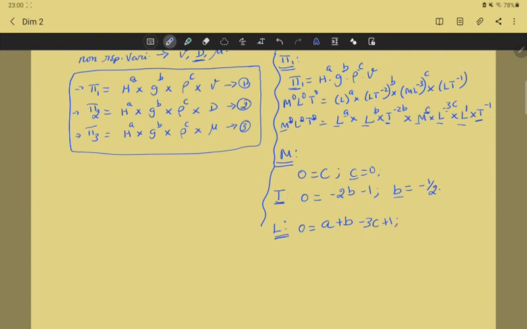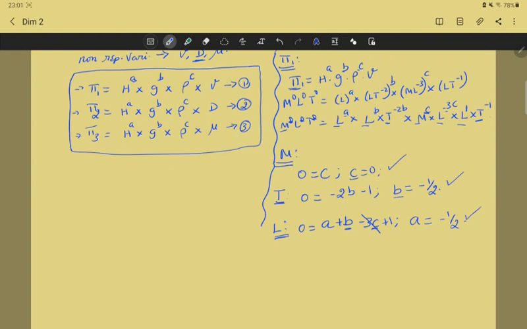Here we already know c is 0 and b is negative 1 by 2. So if we substitute c as 0, this term will cancel out, and with negative 1 by 2 plus 1 we get positive 1 by 2. When it goes to the other side, it becomes negative 1 by 2. So a equals negative 1 by 2. That's it, I have found the values for c, b and a.